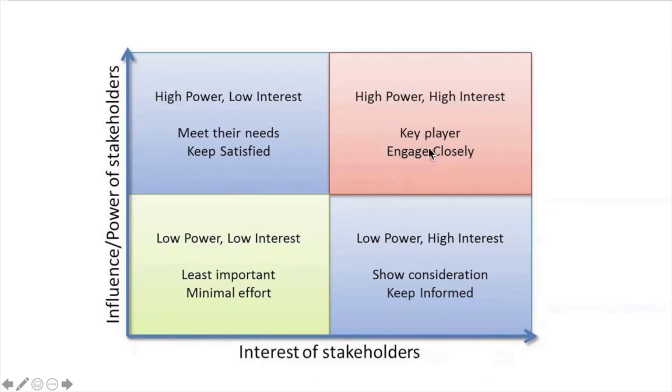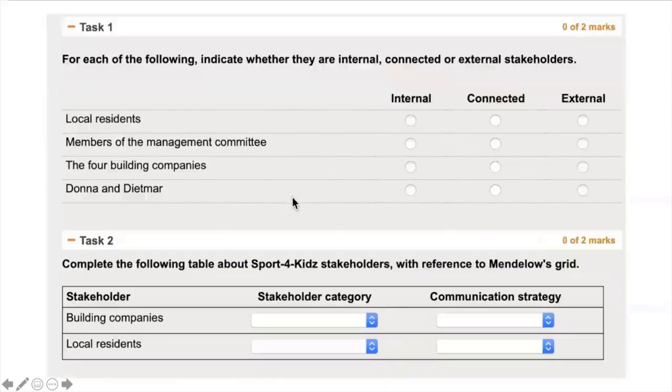And what do you do in that situation? You would actually have to engage closely. They are a key player. So building companies, low power, high interest, communication strategy would be keep informed. Local residents, key player, because they are high interest and high influence. So you would have to always keep them under consideration, inform them, and consider them as a key player for what you want to do.